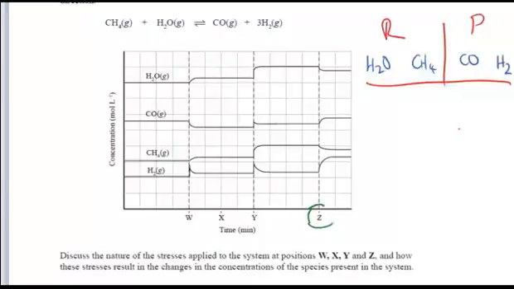Now at position Z, these changes are gradual, so there's no sudden change here. With H2O it goes down, with CH4 it also goes down, with CO it goes up, and with H2 it goes up.